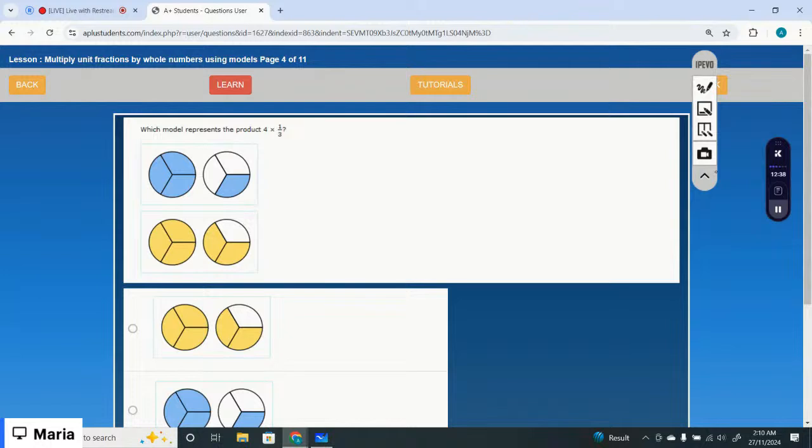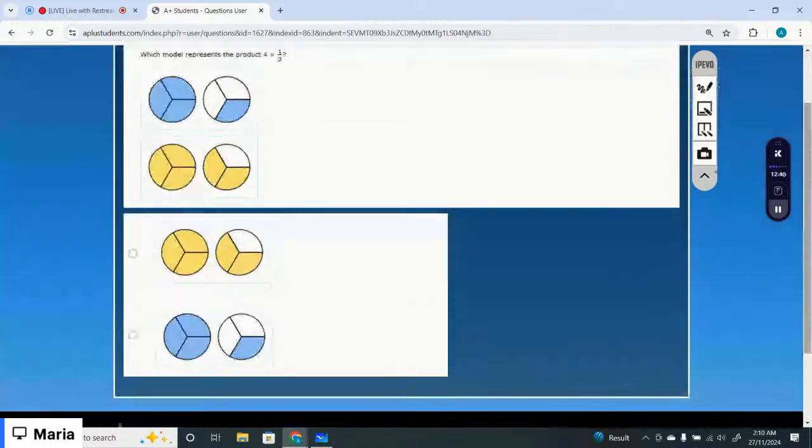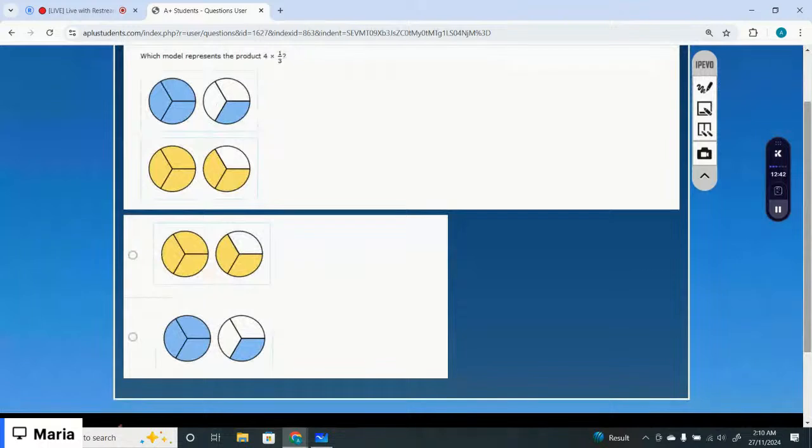Which model represents 4 times 1 by 3? So which is the correct option? Option 1 or option 2?